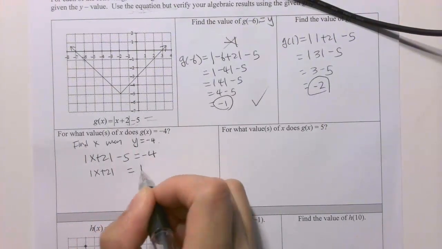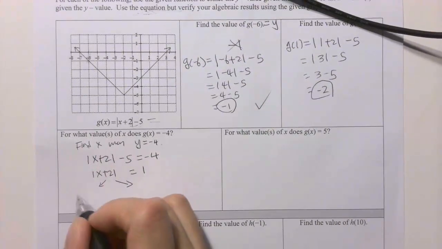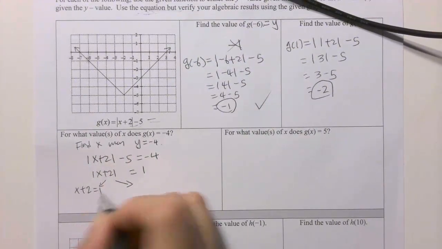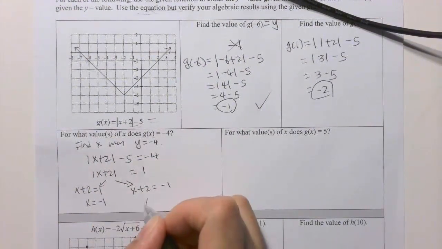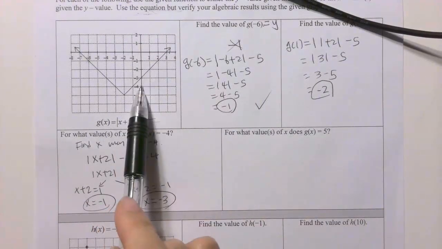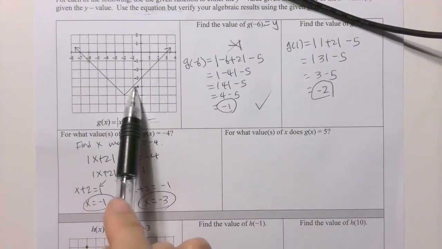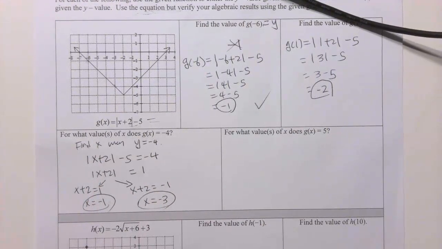Add 5 to both sides. And now what do you do here? How do you solve the absolute value function? You set that equal to +1. You set that equal to -1. x is equal to -1. x is equal to -3. Well, let's check it on your graph. When the y value is -4, what are the x values? -1 and -3. So that's good.